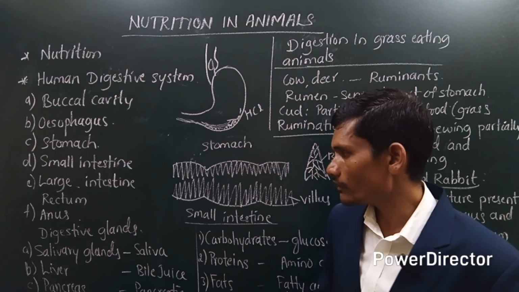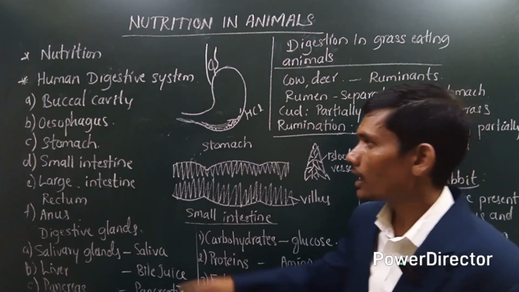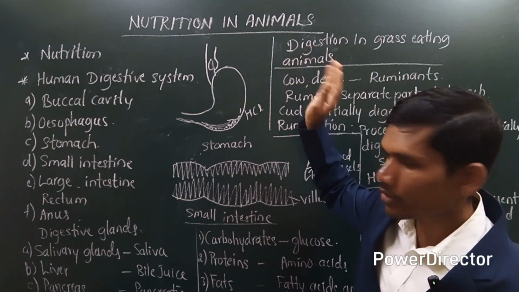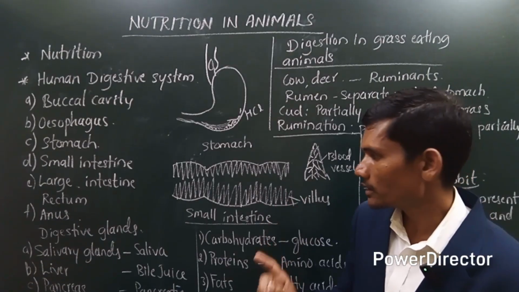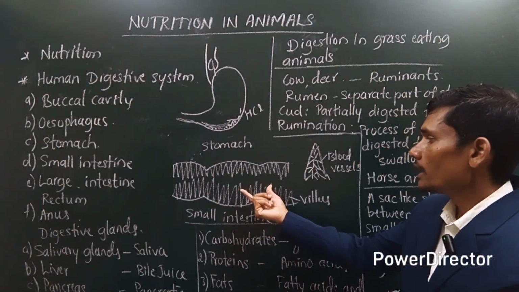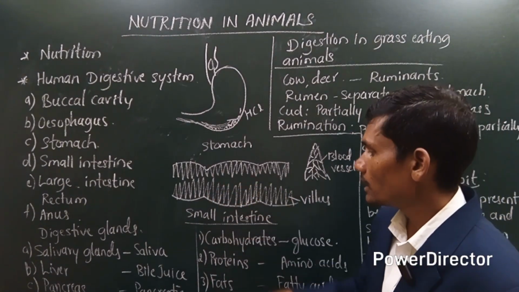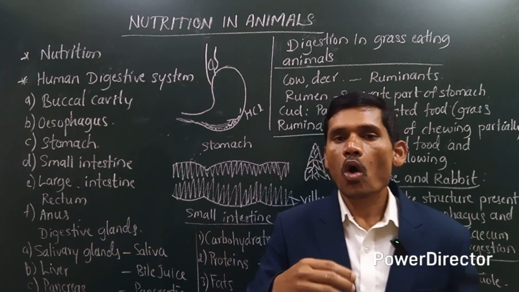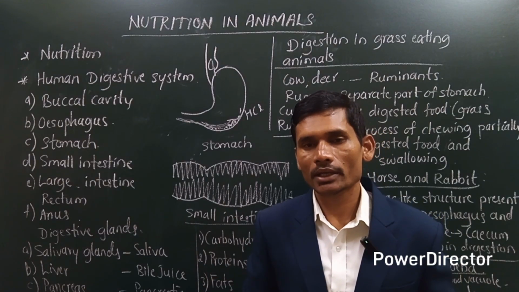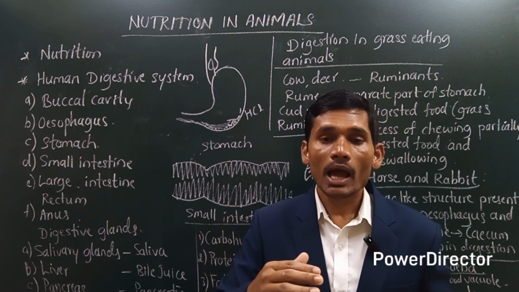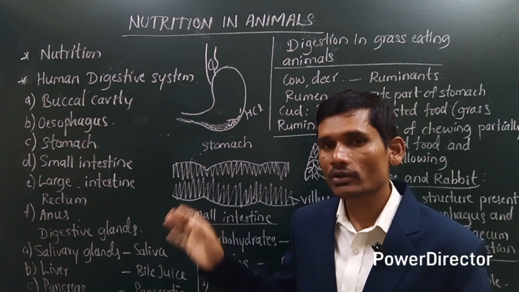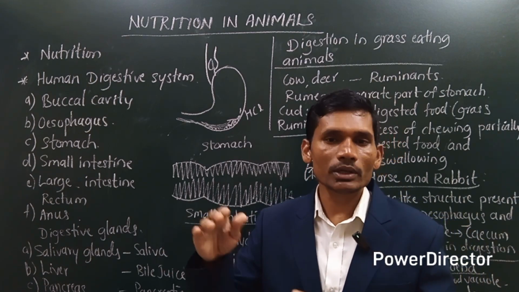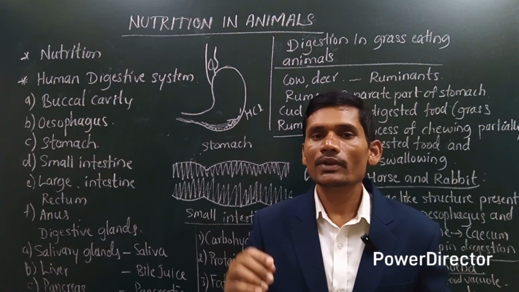Before coming to egestion, let us continue here. Now the small intestine is absorbing, sending it to different parts of the body, and assimilation is taking place there. Next, the remaining undigested food enters the large intestine. In the large intestine, the water and salts are absorbed back by the body, and the waste undigested food remains as semi-solid matter and is stored in the rectum, that is called fecal matter.